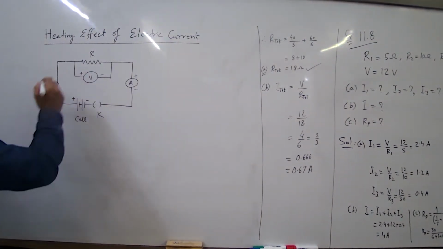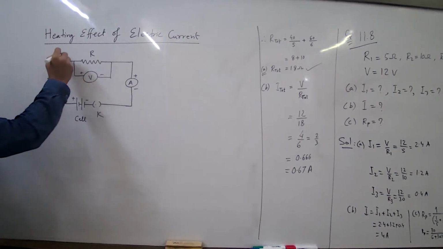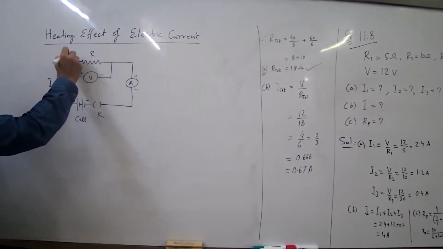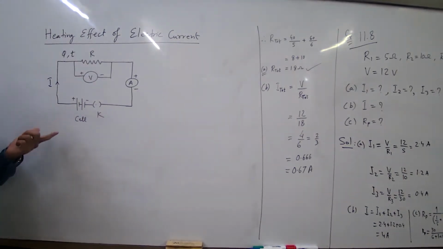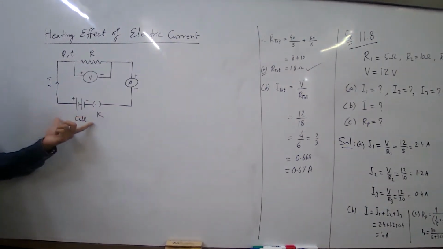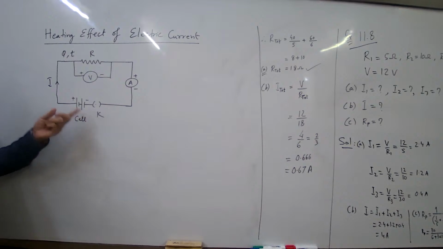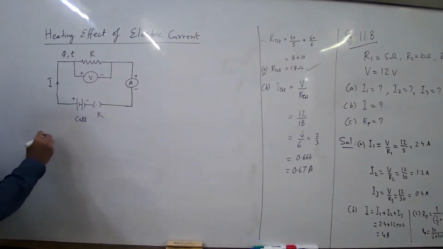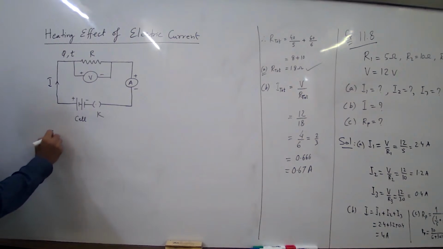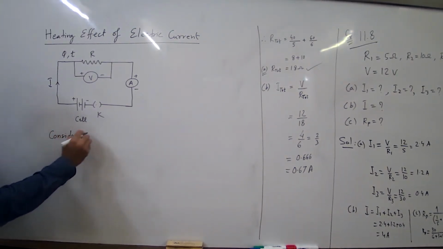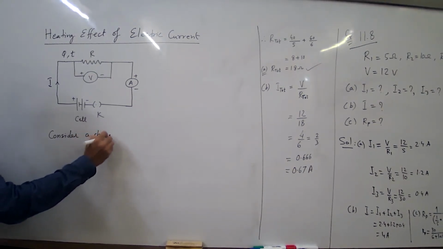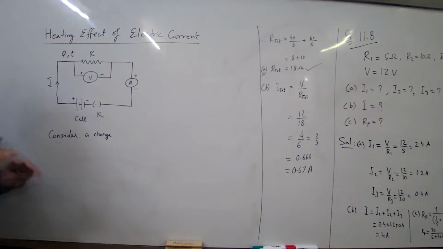So since the cell is working despite collision, the cell is continuously pushing these charges to move across the conductor. The cell's energy is spent in giving kinetic energy to the electrons all the time. Since it's not one electron, you have to combine.